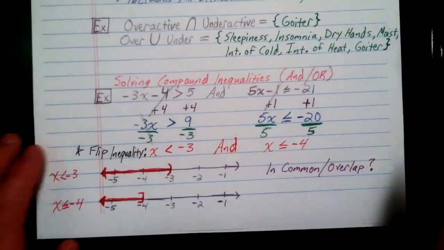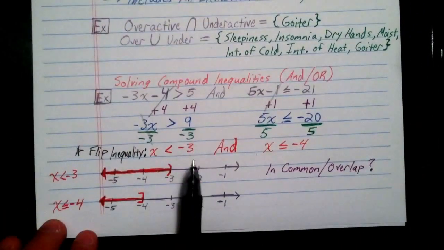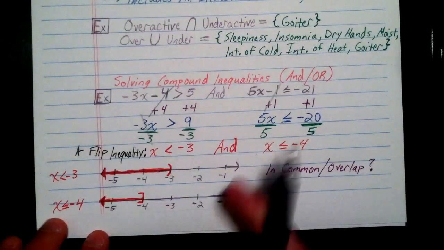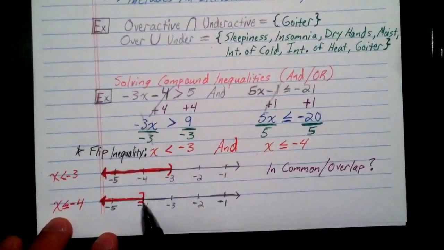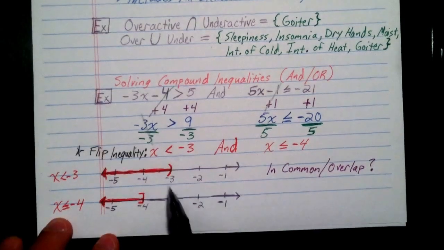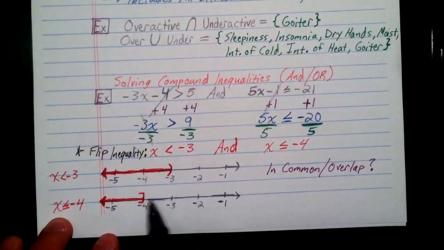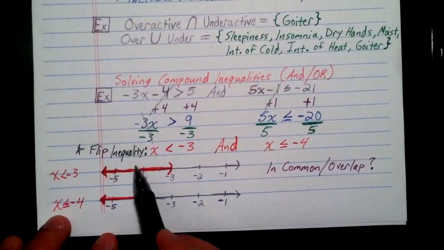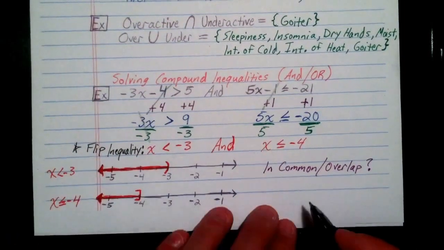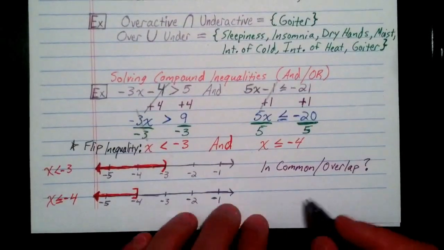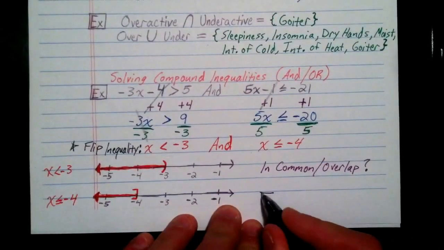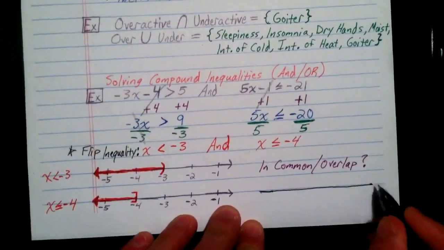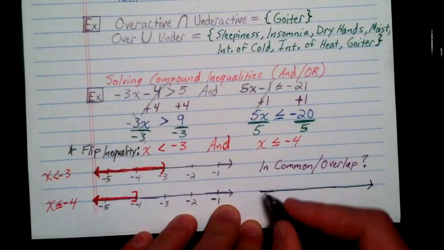And if you look at your two graphs, where they would overlap each other if we graphed them on the same number line is really here from the negative 4 on to the left, because from negative 3 to negative 4, that's not part of this bottom graph. It's only part of the top graph. But what they have in common is everything from negative 4 to the left. So the graph of what they have in common would be just that.